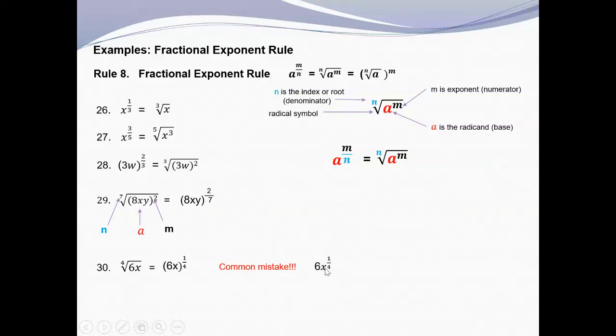If you notice, with 6x to the 1/4 power, only the x is to the 1/4 power, not the whole 6x. So this is equivalent to 6, only the x is to the 1/4 power. So you see, these are not the same. This is a common mistake that students make, so please be careful.